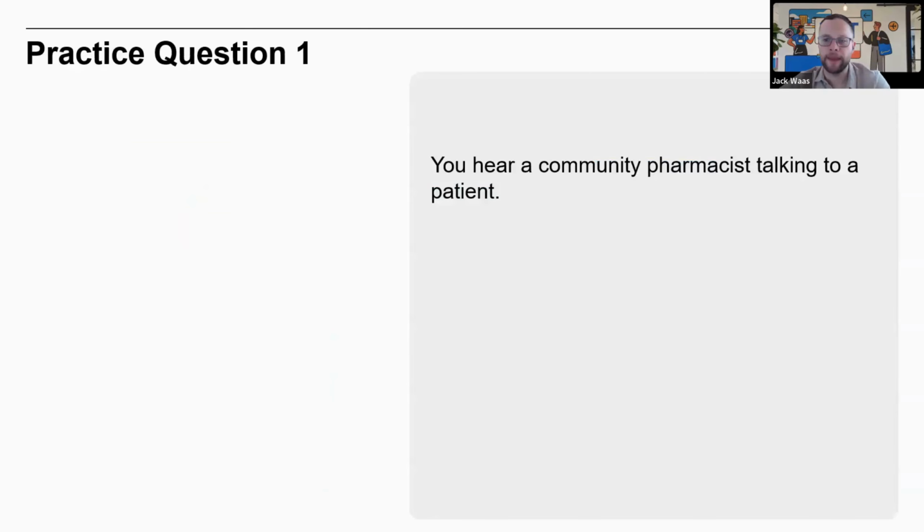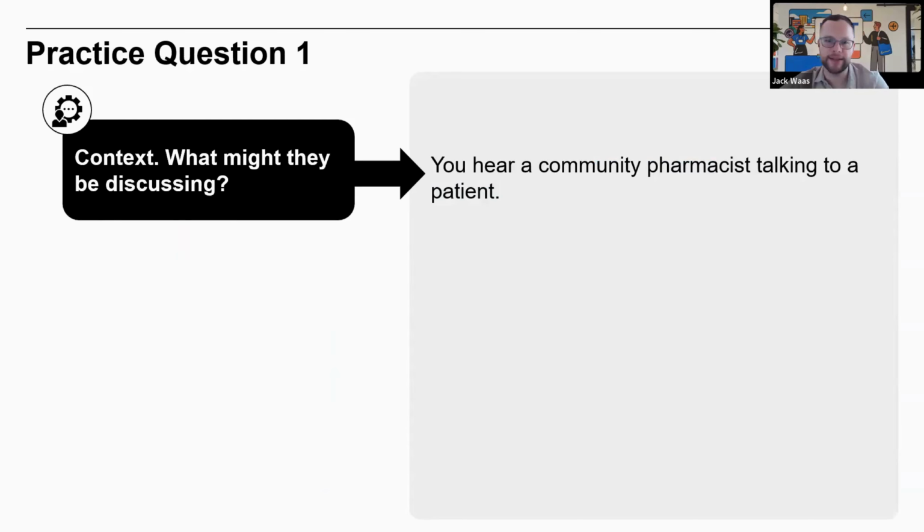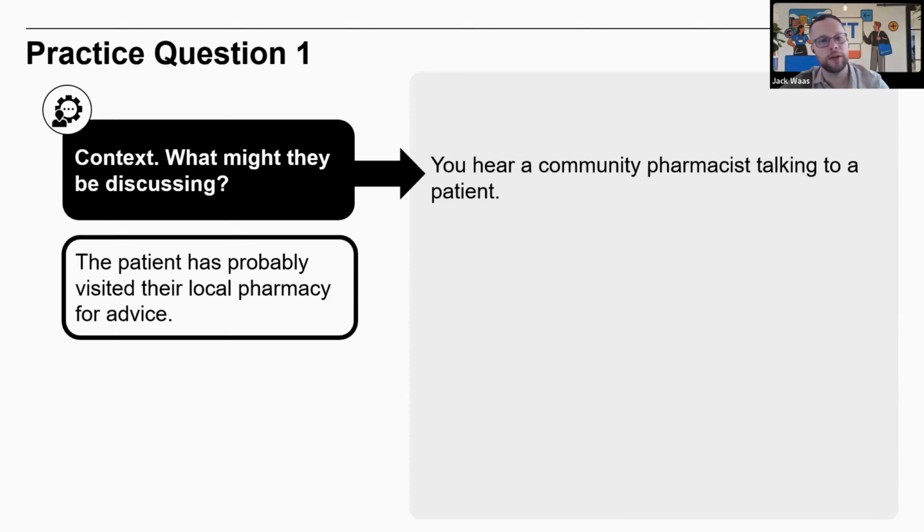All right, let's try. Here is the context sentence. You hear a community pharmacist talking to a patient. Just think for a second about what you might hear in this type of conversation. One thing you might hear is that the patient has probably visited their local pharmacy for advice.